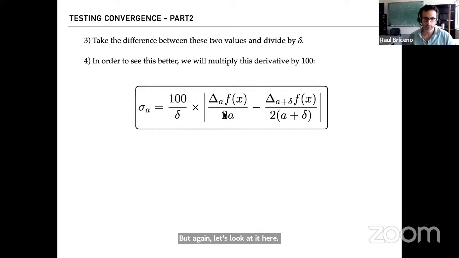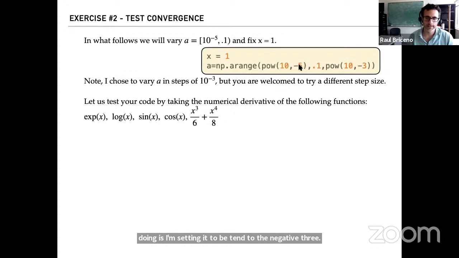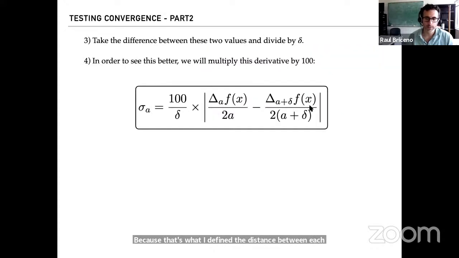Delta A f divided by 2a is just the numerical derivative of f at some value of a. This is exactly the same thing. I just replace a with a plus delta, where delta is just some little value. It's just the next step, which in practice I'm setting to be 10 to the negative 3, because that's what I defined as the distance between each point. You can just imagine it's a placeholder for 10 to the negative 3.